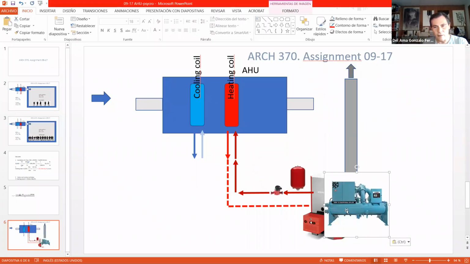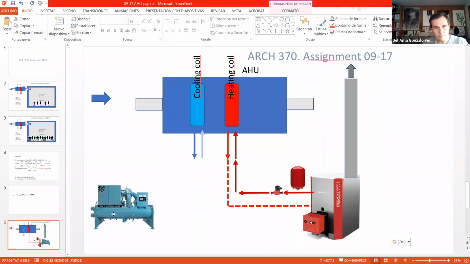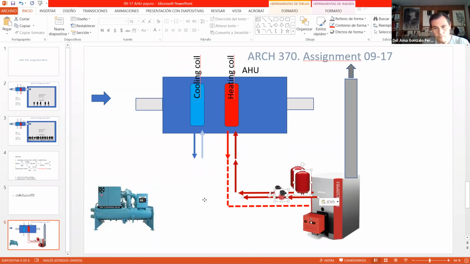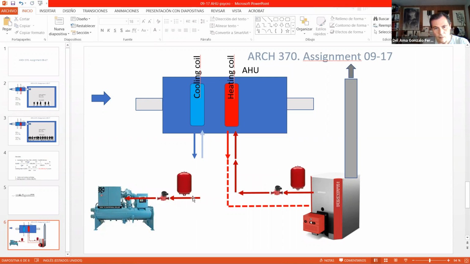We can place the chiller somewhere here. And then we need the same elements in a different direction. And with a different color, because this is cold water.